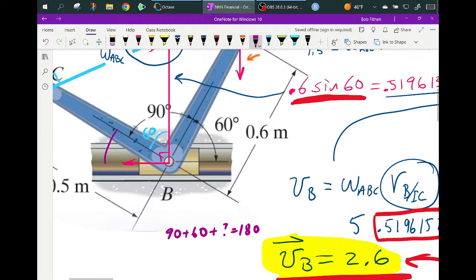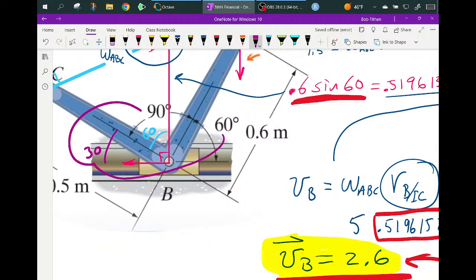Well, that's going to put you at 90 and 60 or 150. That's going to leave you this being 30 degrees. So if you add up 60 and 30 and then 90, you're going to get 180.